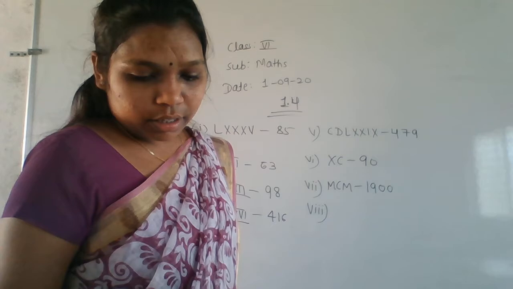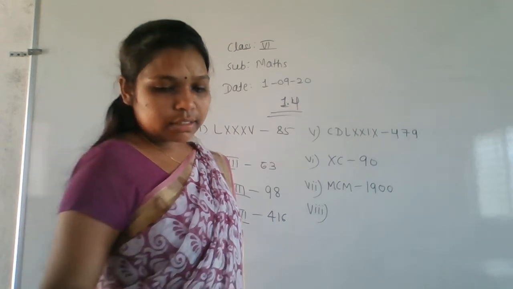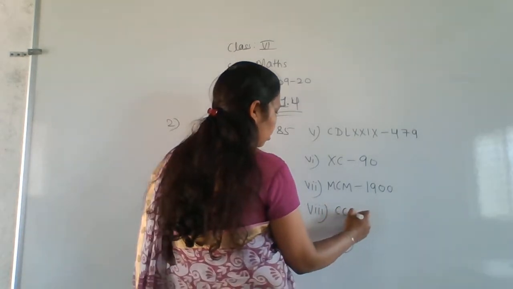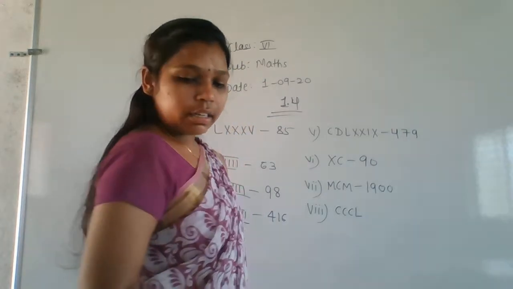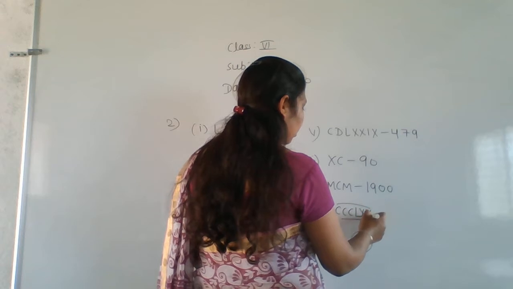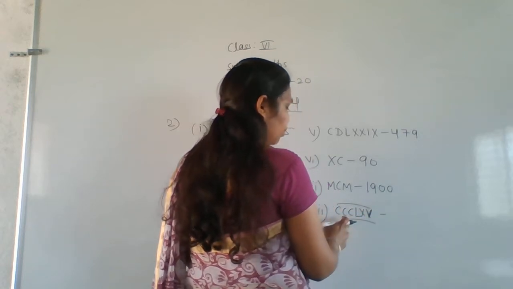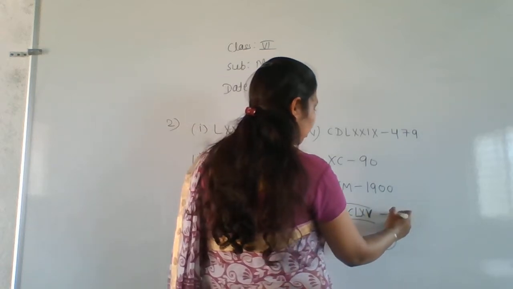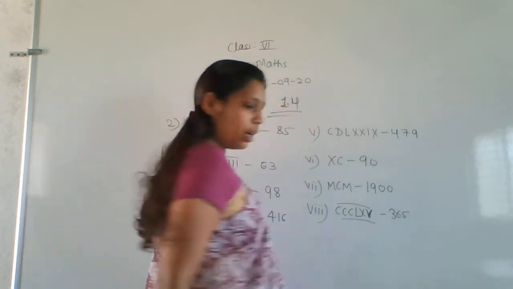Next is the eighth one. We'll do the eighth one now. That is CCCLXV, 365.